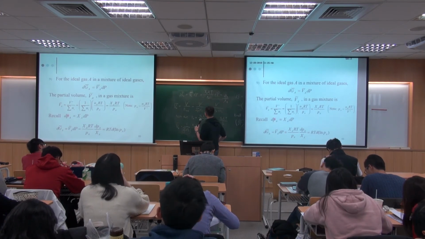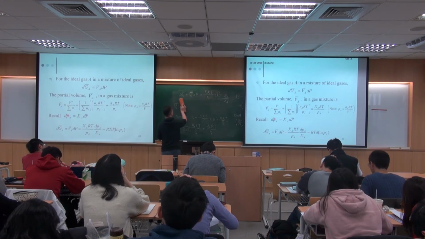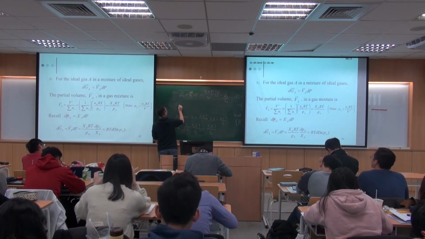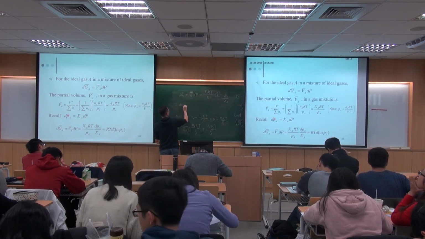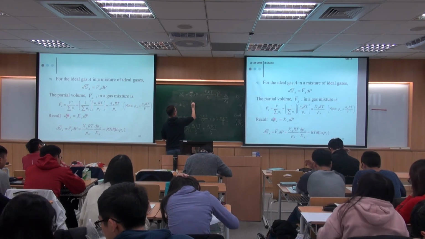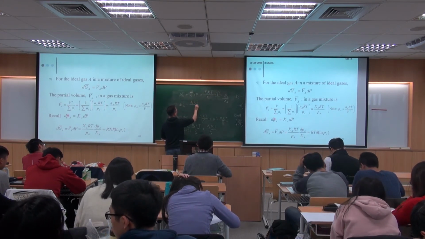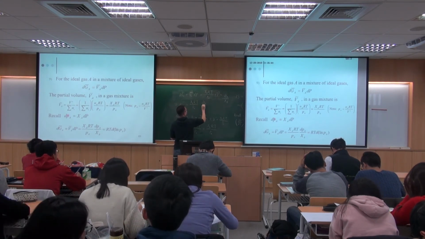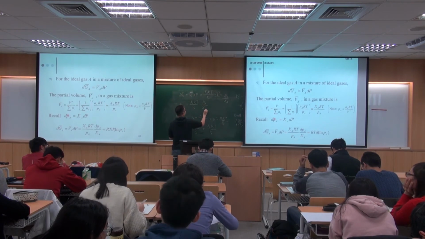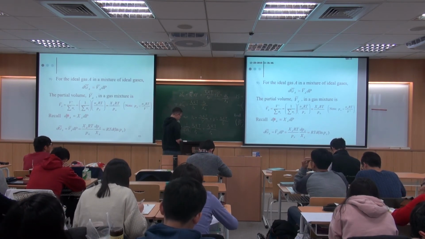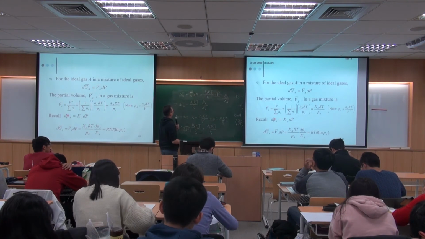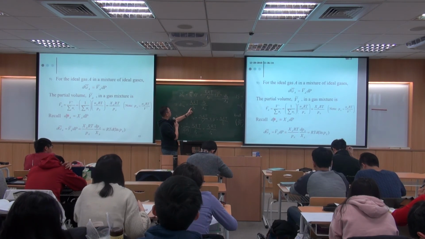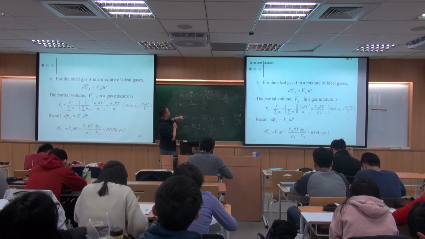So if you write these two together, the strategy here is to replace VA bar with something that is related to partial pressure and the molar fraction.